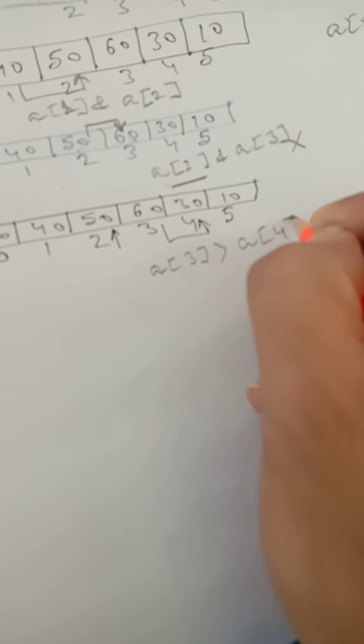Our comparison has been done up to here. Now we compare between a of 3 and a of 4. Is a of 3 greater than a of 4?